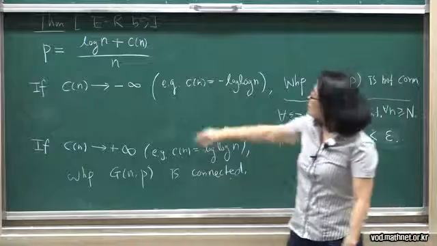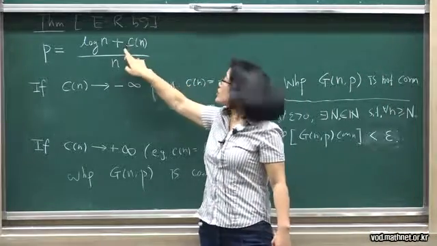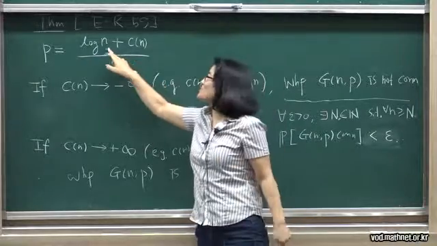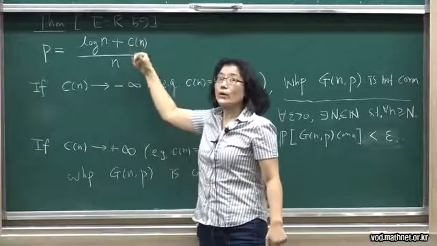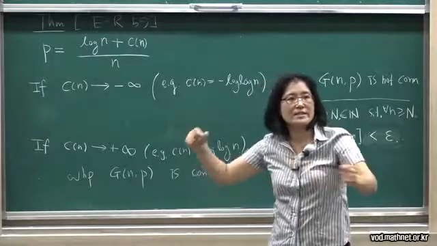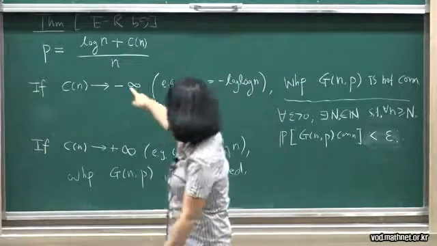What it means is that just by adding a little number, much smaller than log n, we can switch from a disconnected graph to a connected graph. It's very sensitive around this value.